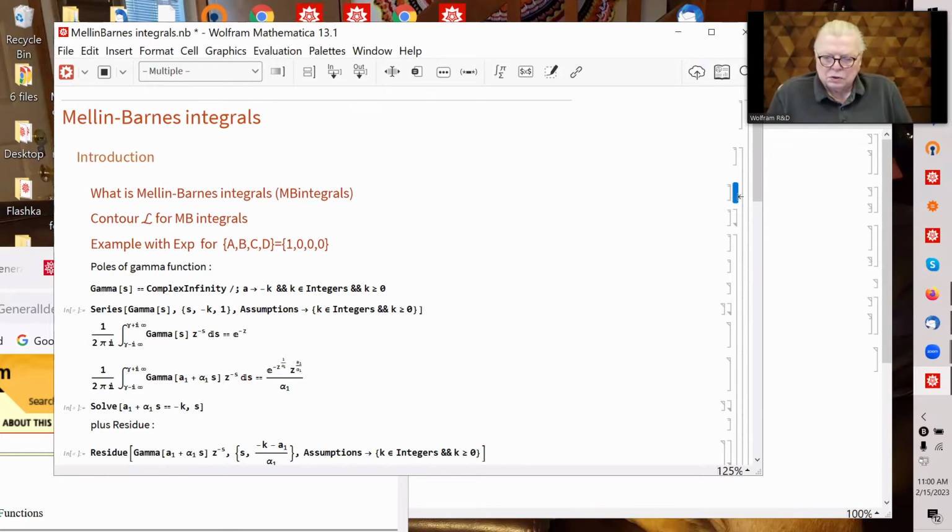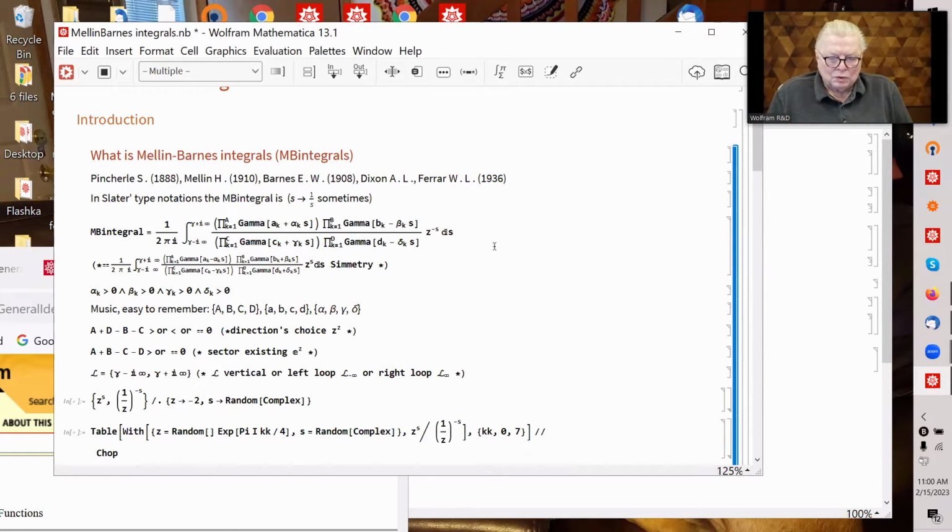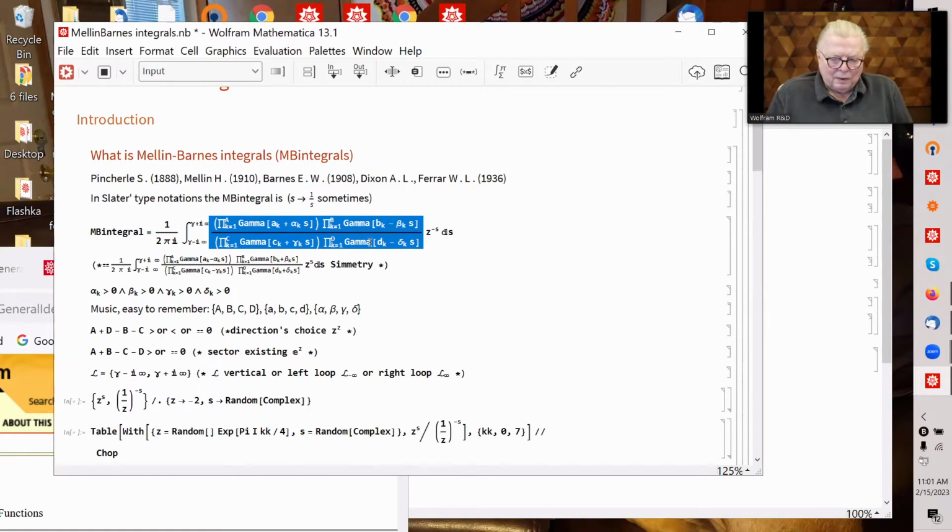These integrals look very difficult because they are contour integrals. In this case, integration goes from minus infinity, starting in imaginary infinity, up in the upward direction. The function under the integrand includes a lot of gamma functions.